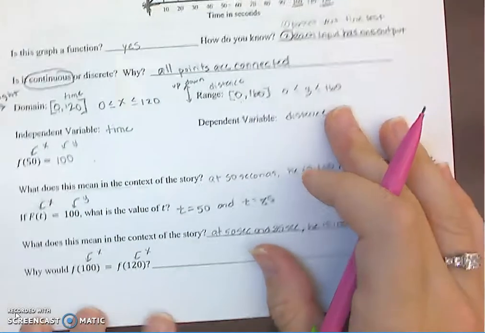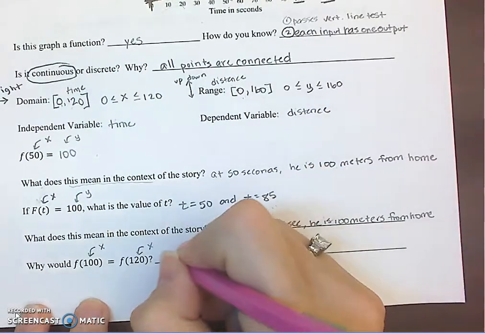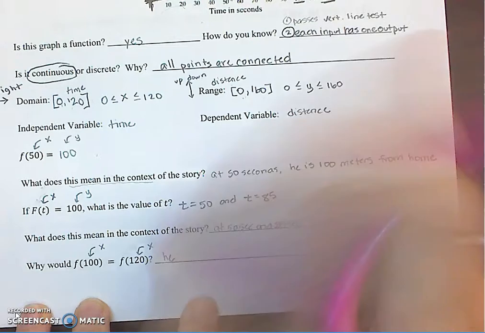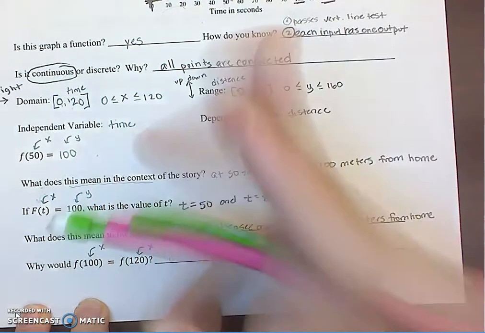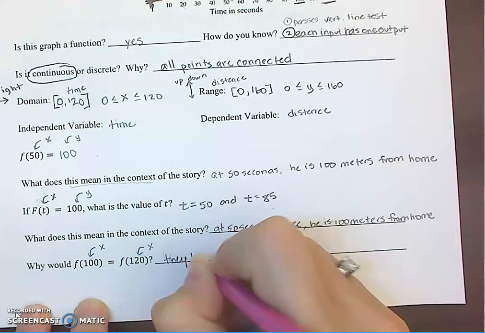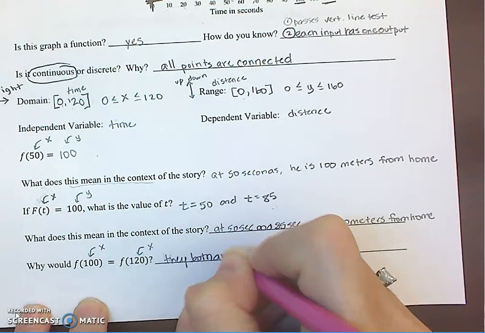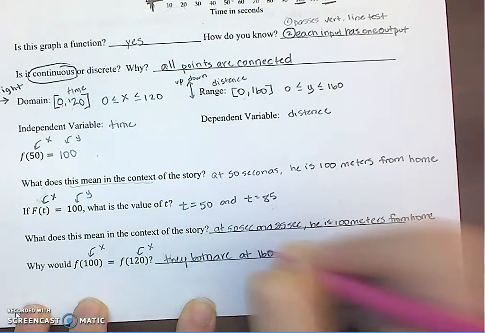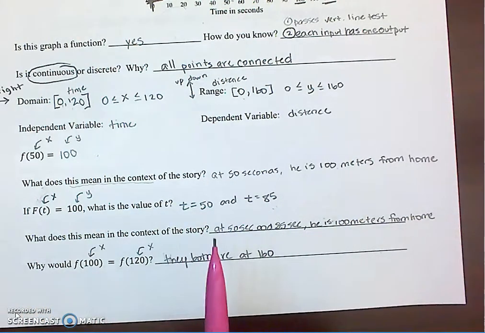So this is interesting because I want to answer this question technically. Why would f of 100 equal f of 120? They both are at 160. The implication of this is quite important. The implication of this is saying that at two different times, he's at the same place. That's okay.